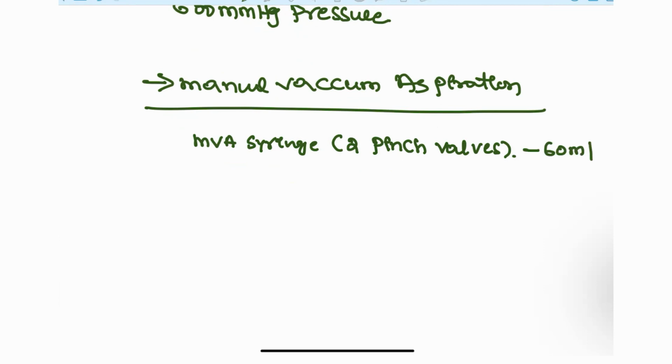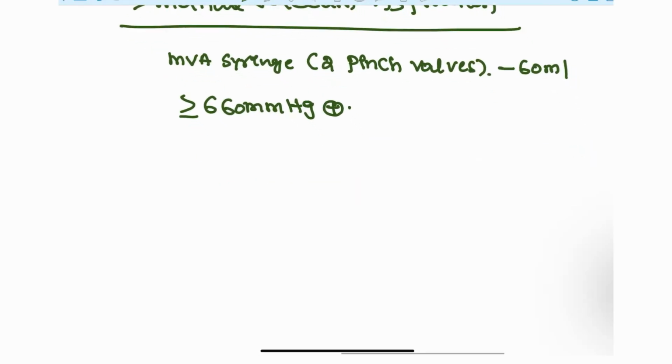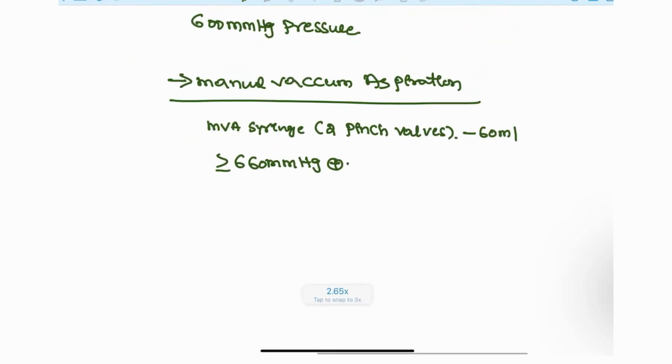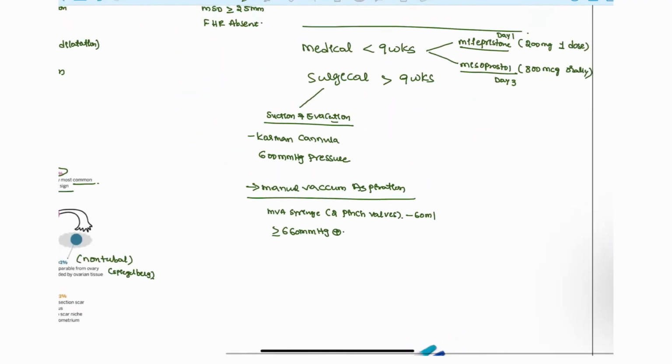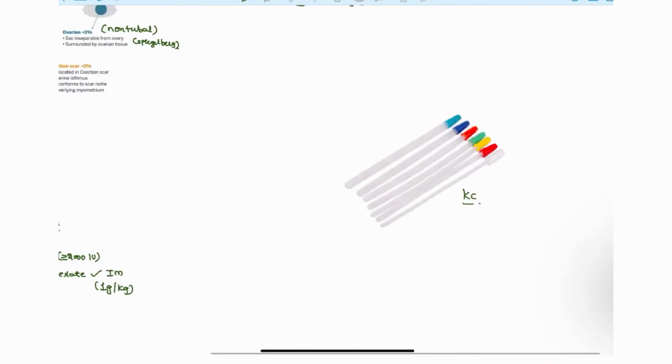We are going to use more than 660 mmHg pressure. The pressure is needed for this patient. This is how we are going to use the manual vacuum aspiration and the suction and evacuation, and that's the dosage for the medical management. Okay, this is how we are going to follow the protocol.